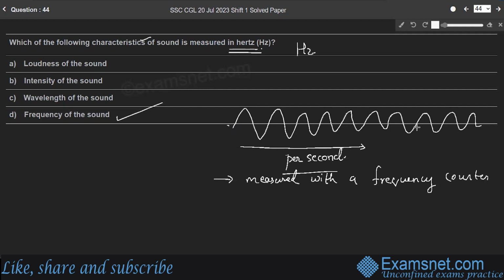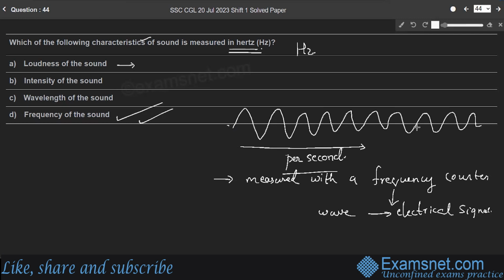These devices work by using a microphone to convert the sound wave into electrical signals, right? Therefore, option D is the right answer, right?